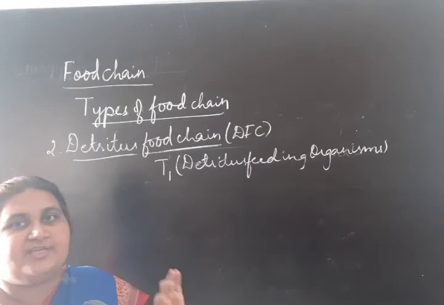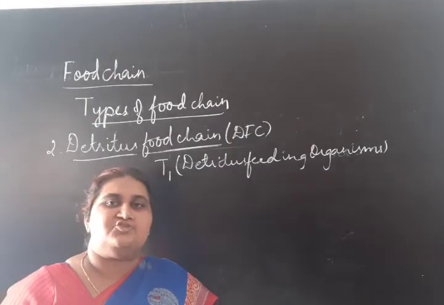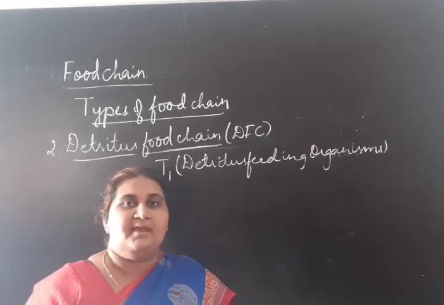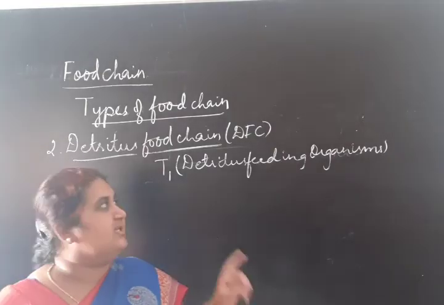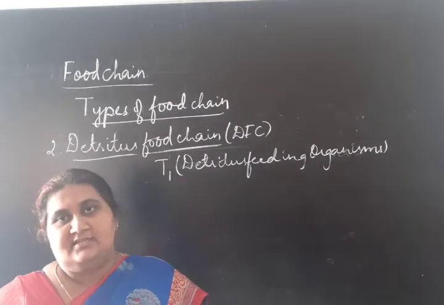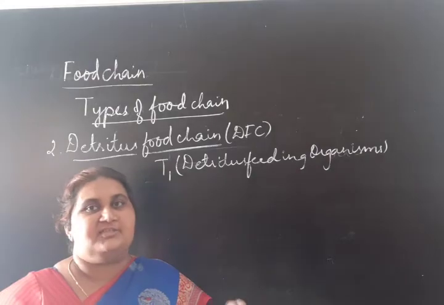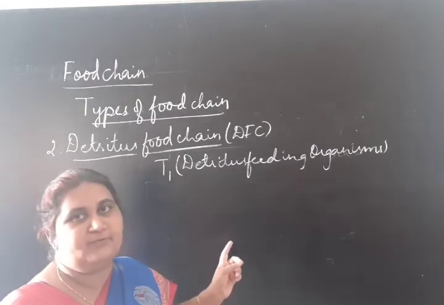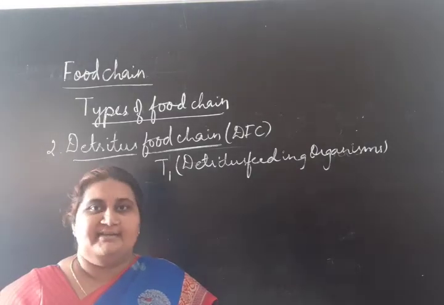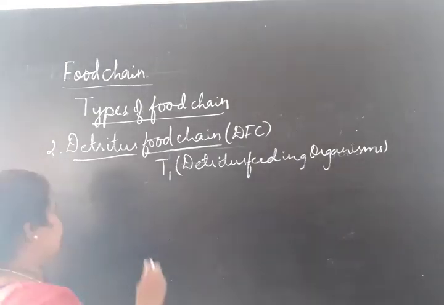In the terrestrial ecosystem, the major conduit of energy is through the DFC. The major amount of energy transfer takes place through which type of food chain? It is the detritus food chain.